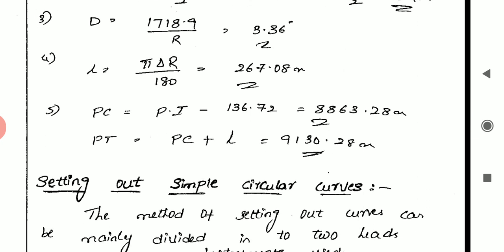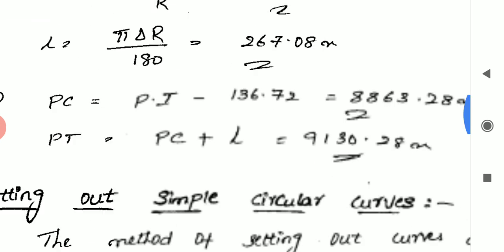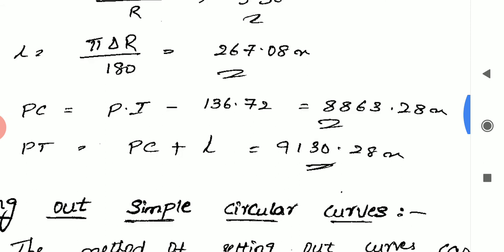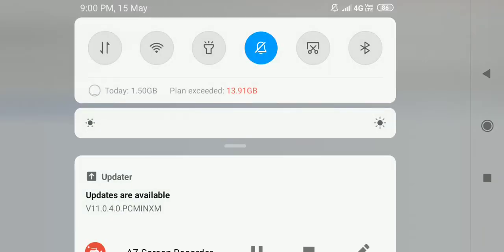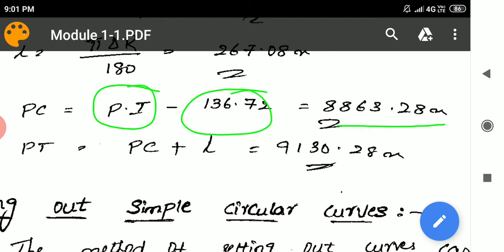And the point of curve, the point of curve formula is based on the point of intersection. Point of tangent is point of curve plus length of the long chord.